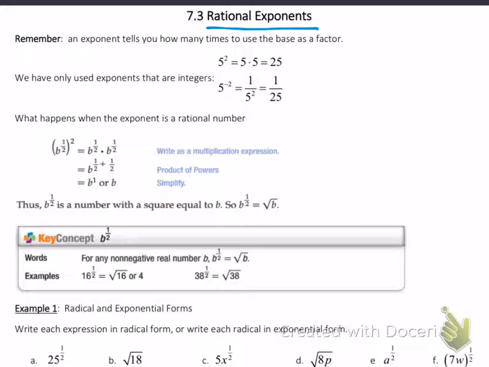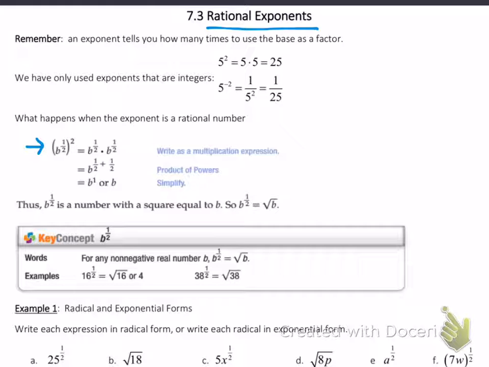So it's all the same rules for multiplication. If they have the same base, then you add them. If it's a power to the power, then you multiply them, right? So if you look here at this example, you have b raised to the 1/2 all raised to the 2.